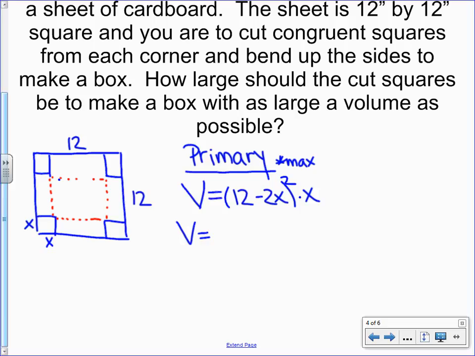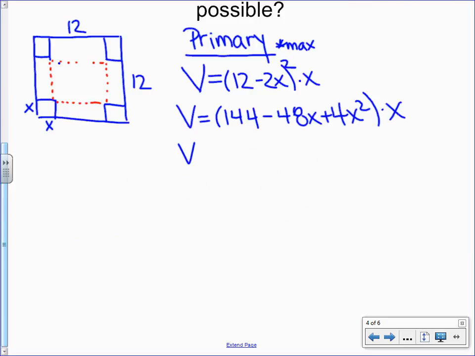So, okay. This is 144 minus 48x plus 4x squared times x. So our volume is 144x minus 48x squared plus 4x cubed.